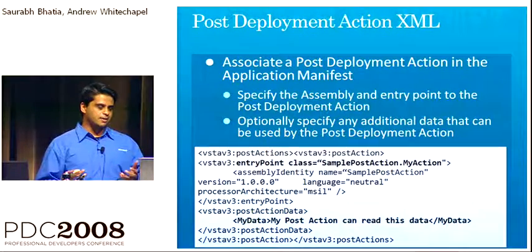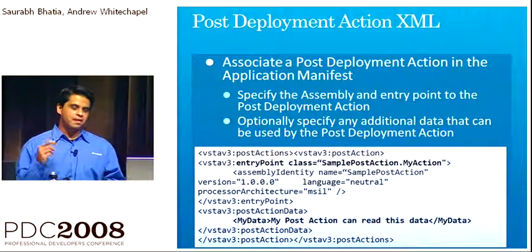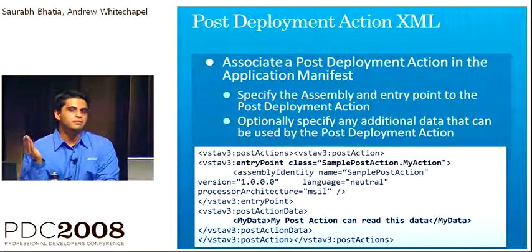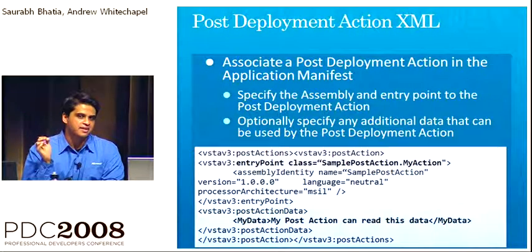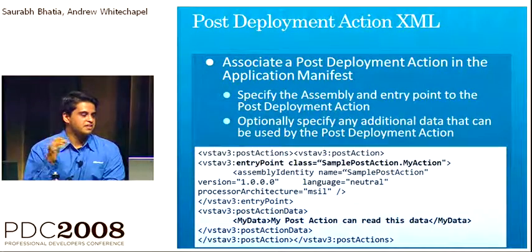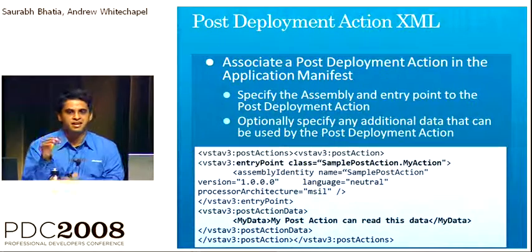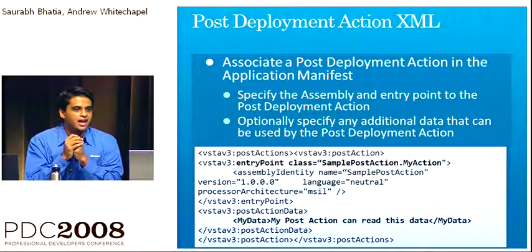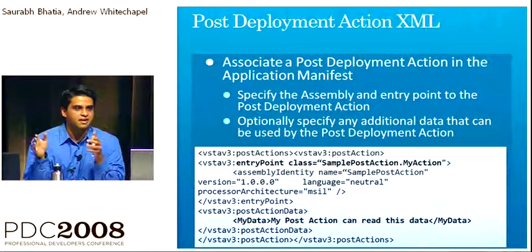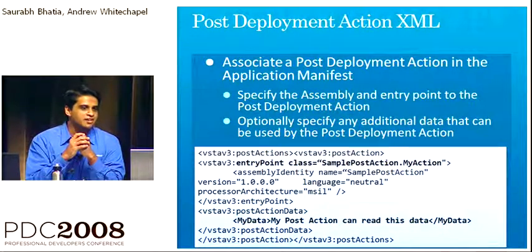Another useful mechanism here is that if you want to pass more data to your post-deployment action, you can specify it in the application manifest under post-action data tags. And whatever is specified in here will get passed on to the post-deployment action.